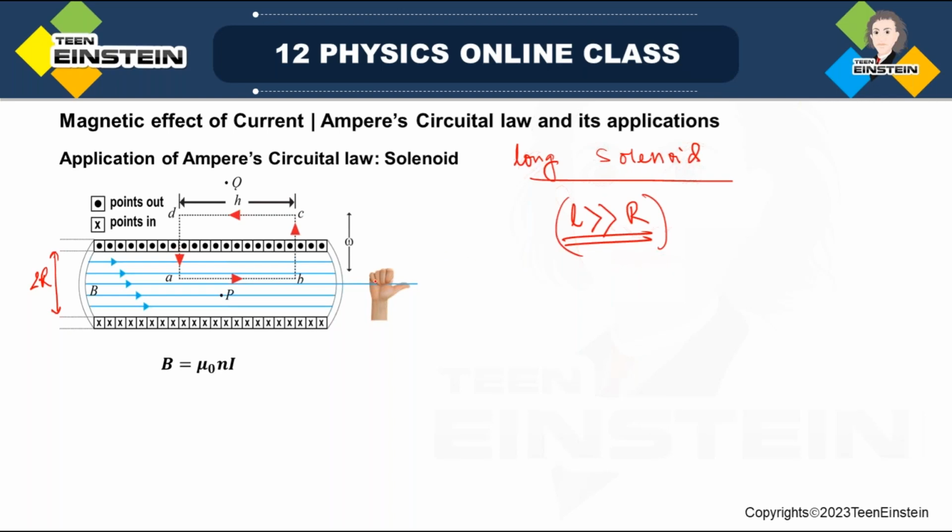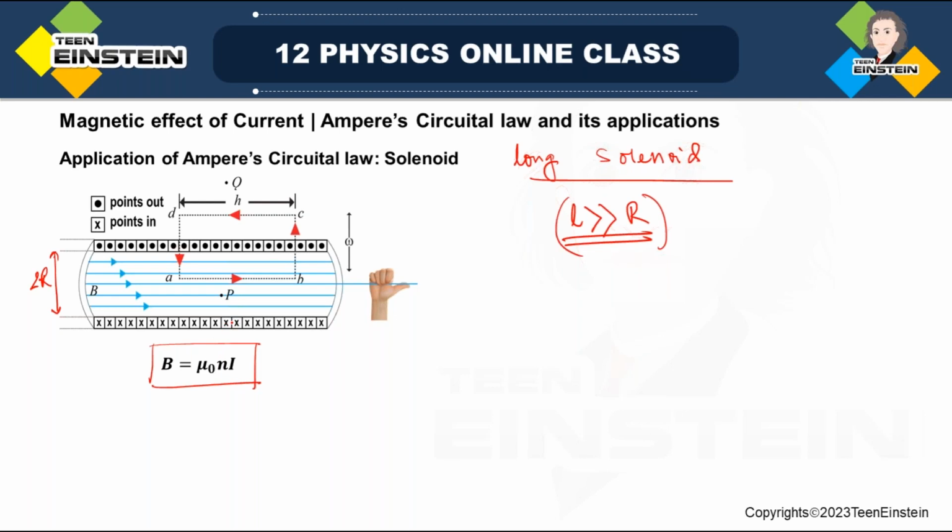So in that case, the magnetic field produced by the solenoid will be always along the axis of the solenoid, and the magnetic field at any point on the axis we have seen to be this. Sorry, this is the magnetic field inside the solenoid on the axis.